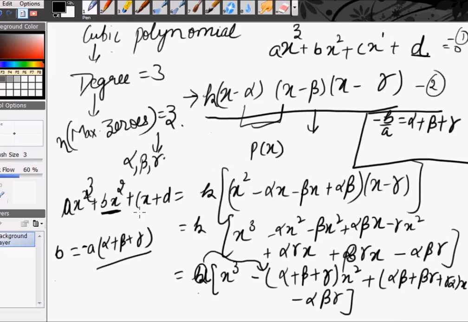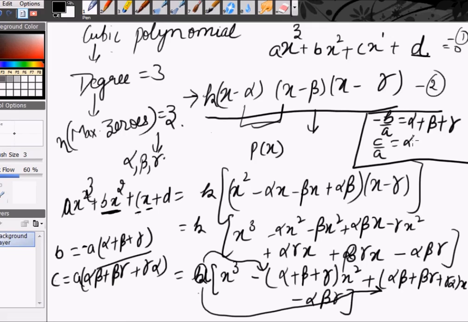Now compare again the terms having x. We get c equals alpha beta plus beta gamma plus gamma alpha into a again from here, which implies c over a equals alpha beta plus beta gamma plus gamma alpha.